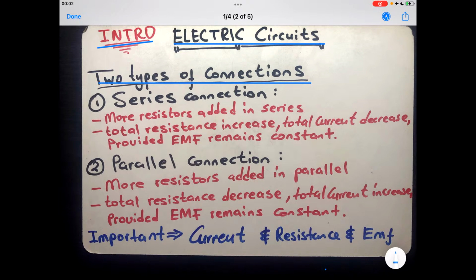Two types of connections, namely number one, series connection, and number two, parallel connection. These are the main two types of connections that we will be looking at. Under series connection, more resistors are added in series. That's what you need to remember.